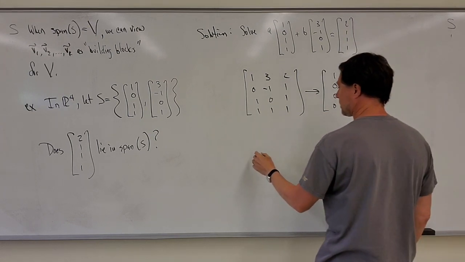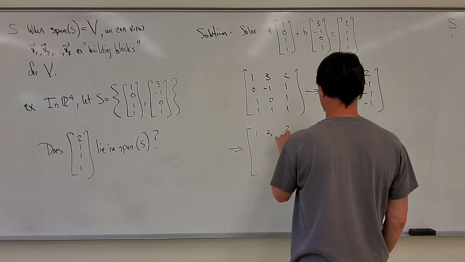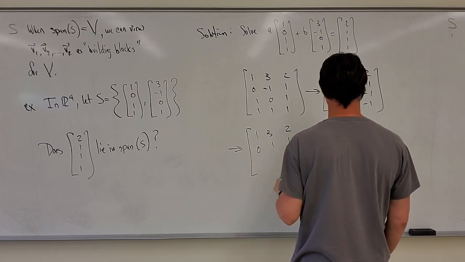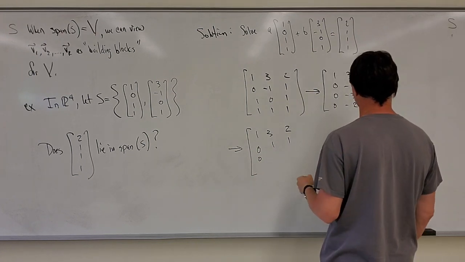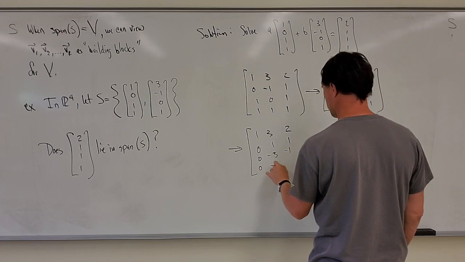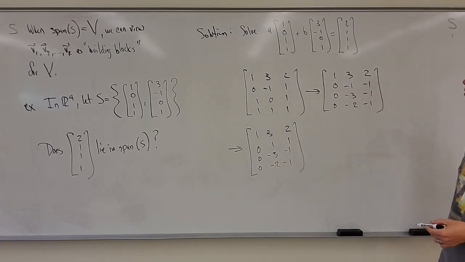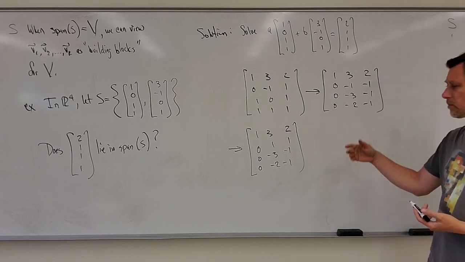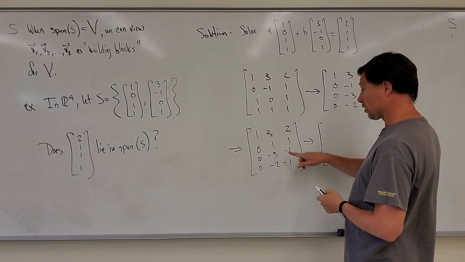And then the next step looks like this: 1, 3, 2; 0, 1, -1; 0, -3, -1; 0, -2, -1. I multiplied that second row by negative 1 just to make it positive.